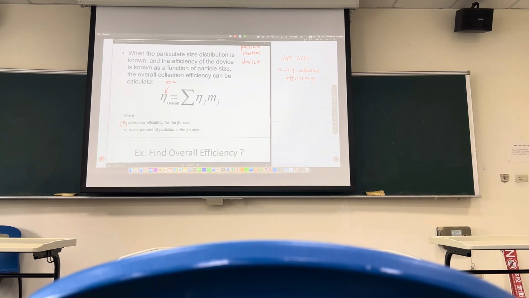Eta j stands for collection efficiency for size J, which means the collection efficiency for particle size group J. And m j stands for the mass percentage or mass fraction in the size group J.